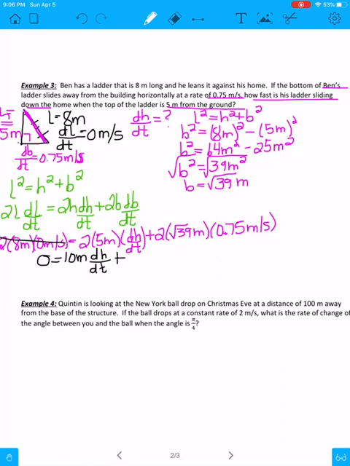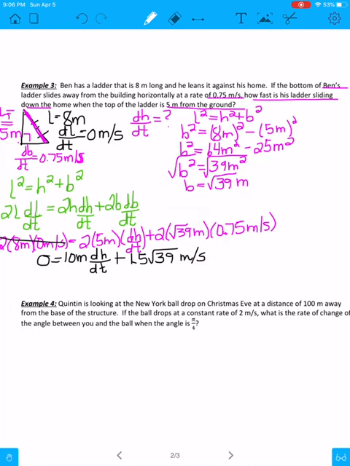So yeah, we're going to get 2 times 0.75, which is 1.5, root 39 meters per second. Can't forget that.